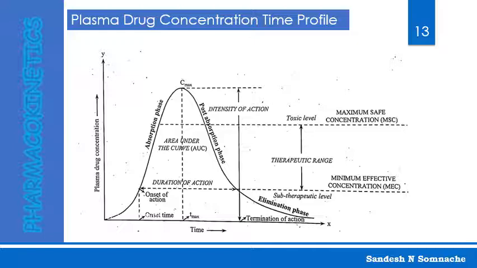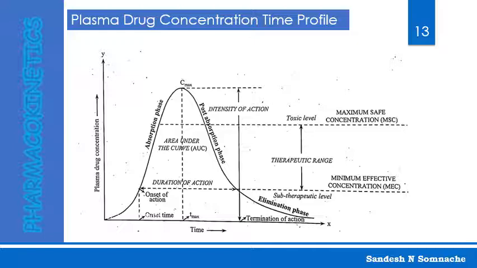The concentration range between maximum safe concentration and minimum effective concentration is called the therapeutic range. So to produce the desired therapeutic effect, the drug concentration in the plasma should lie within this therapeutic range.